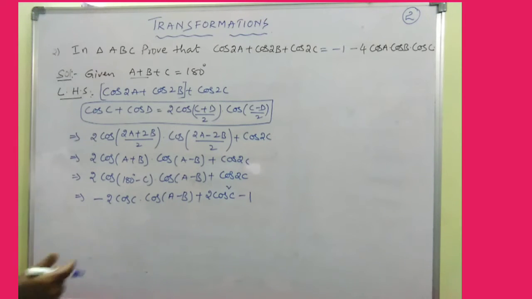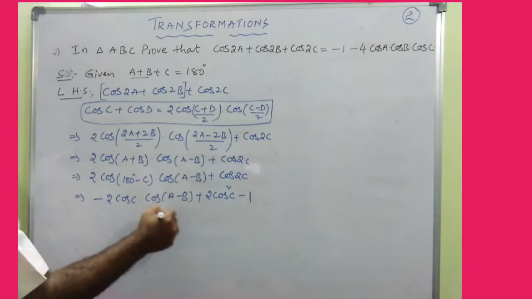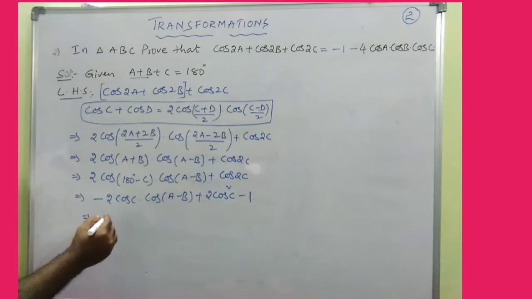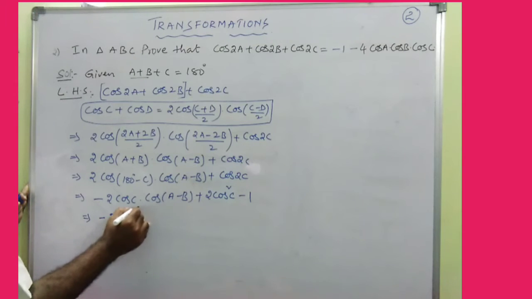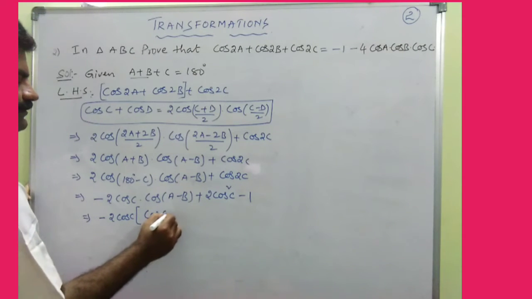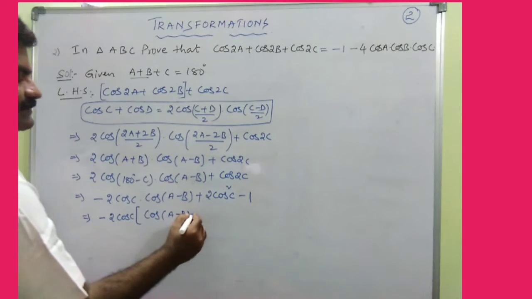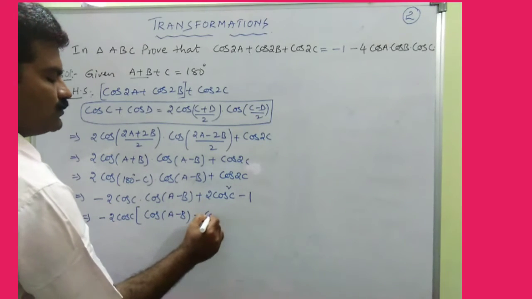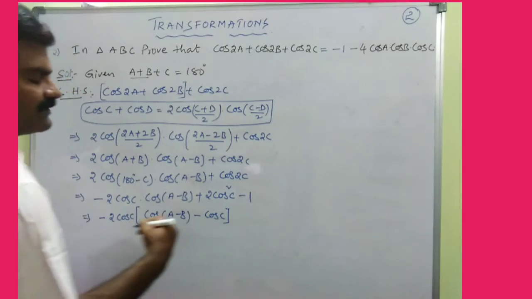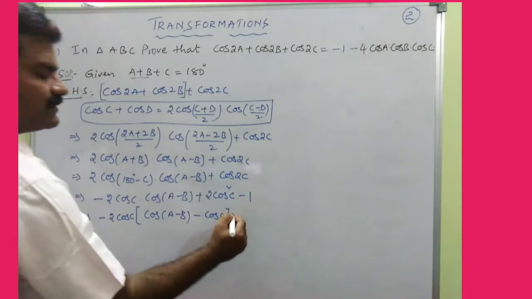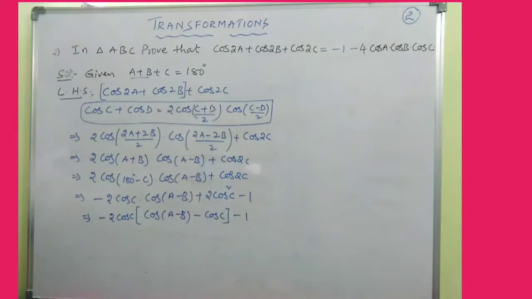Okay, fine. Now within these two, what we can take common, I think minus 2 cos C. If you take it common, then this is cos of A minus B, because we took minus common, hence this becomes now minus, one more cos C will be left here, and minus 1 is as usual separated.